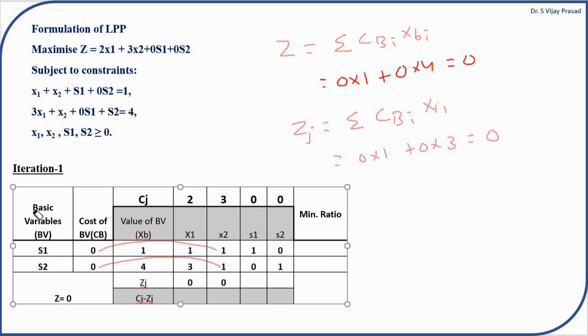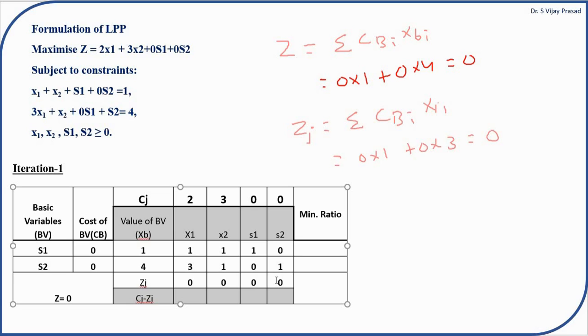Very similarly, you are going to get the next values. Next, 0 into 1 and 0 into 0, that is 0 only. Then again 0 into 0 and 0 into 1, which is 0. Like this, we need to compute the ZJ values.